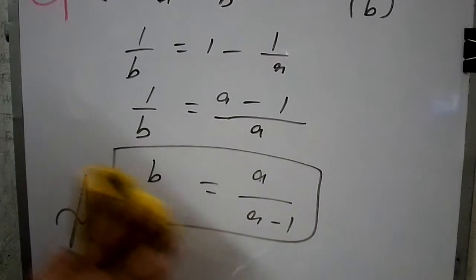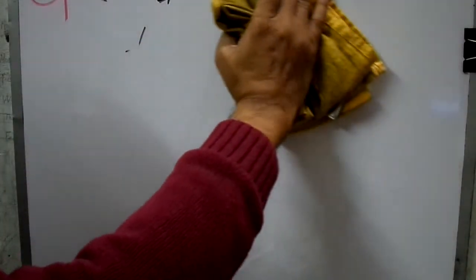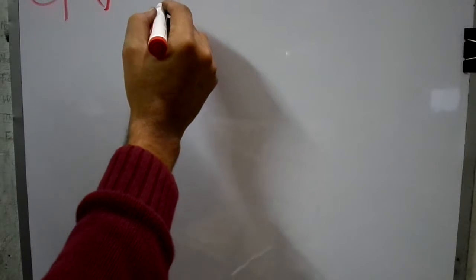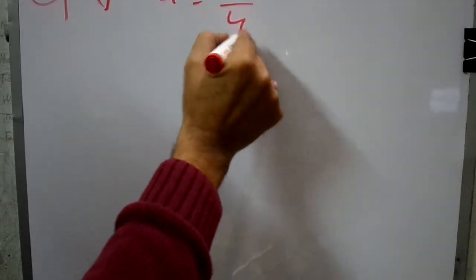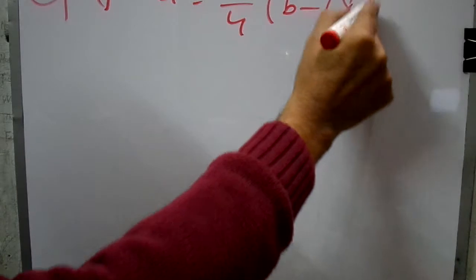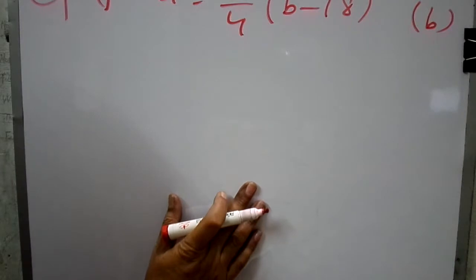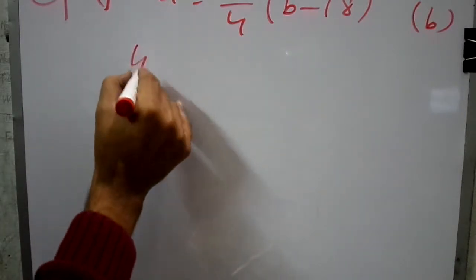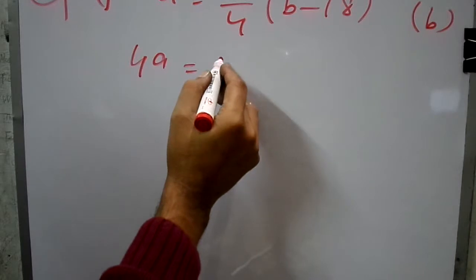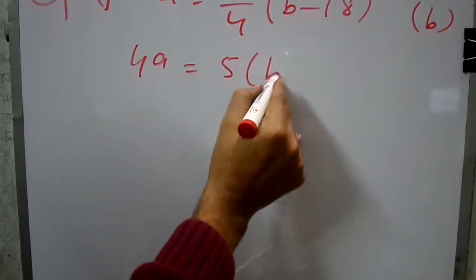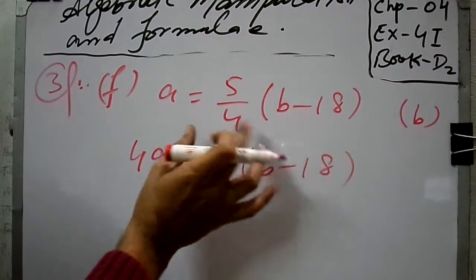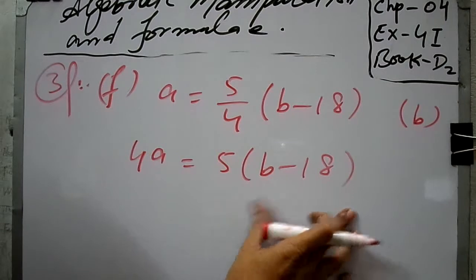Coming to the next part, that is your F part. In F part, A is equal to 5 by 4 into B minus 18. You need B to become the subject. So what should you do? By using cross multiplication, 4A is equal to 5 into B minus 18. You can see here first, by using cross multiplication, you have to make B the subject.